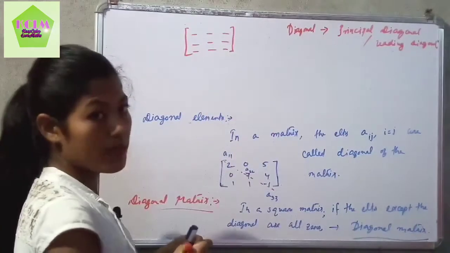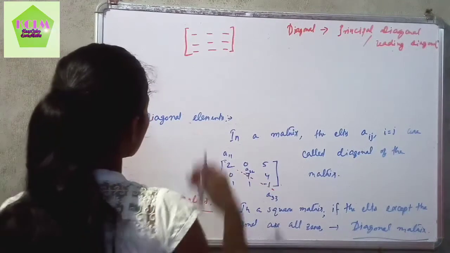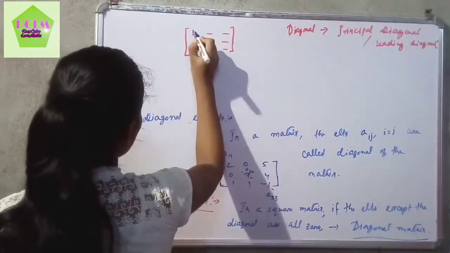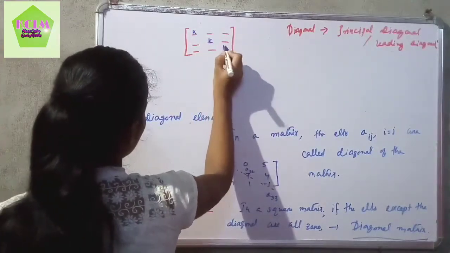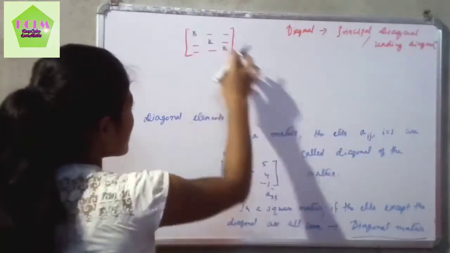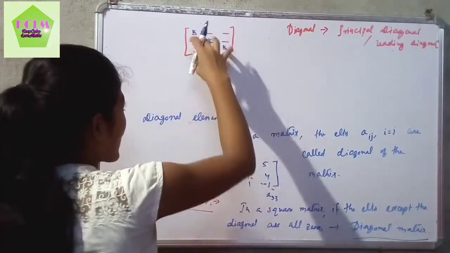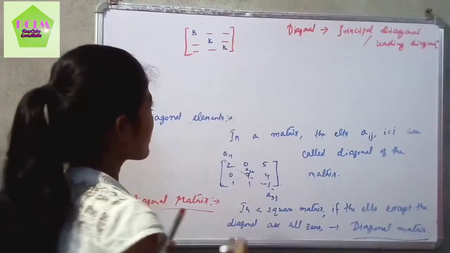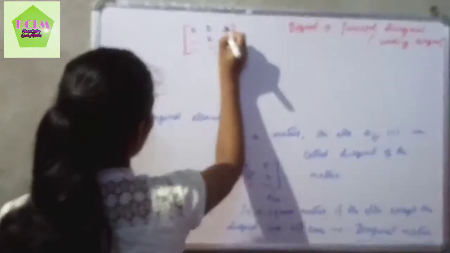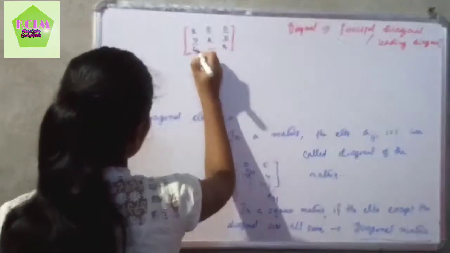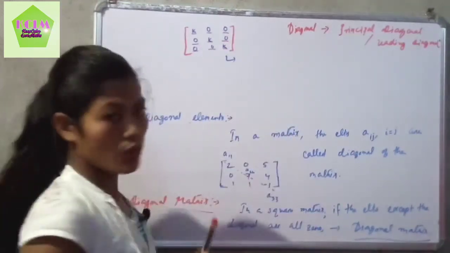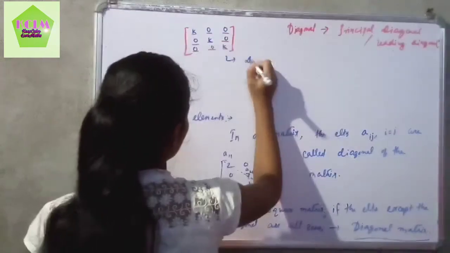So in this matrix, the diagonal elements are these. Suppose this is K. So except these diagonal elements, if all the other elements are 0, then this matrix is called a diagonal matrix.